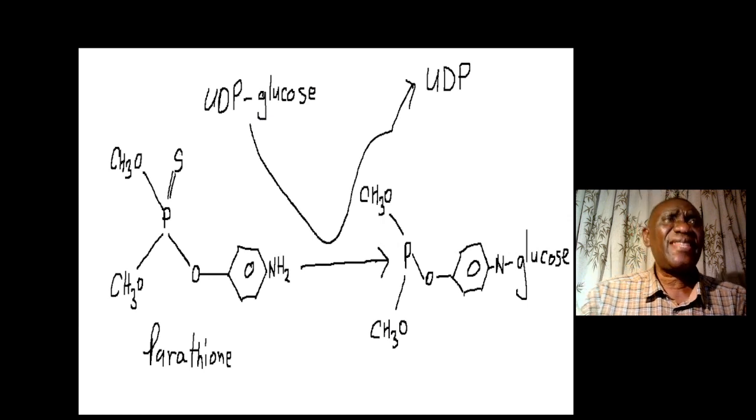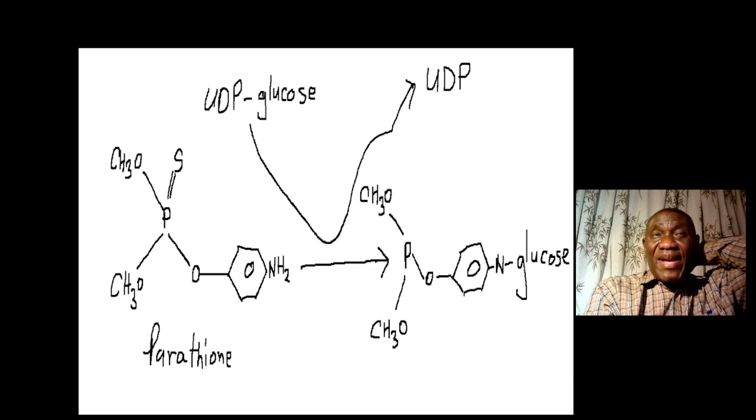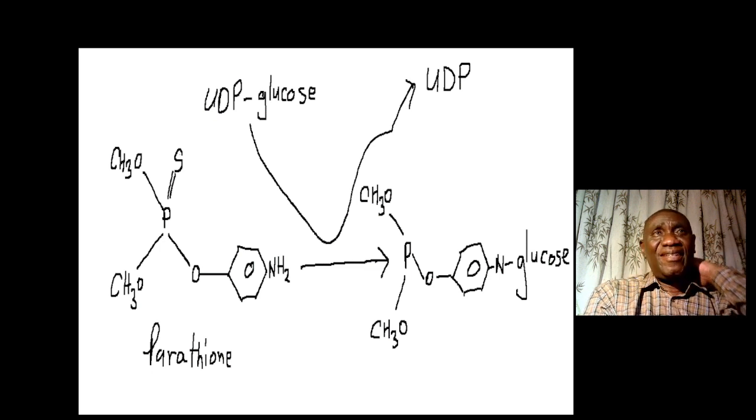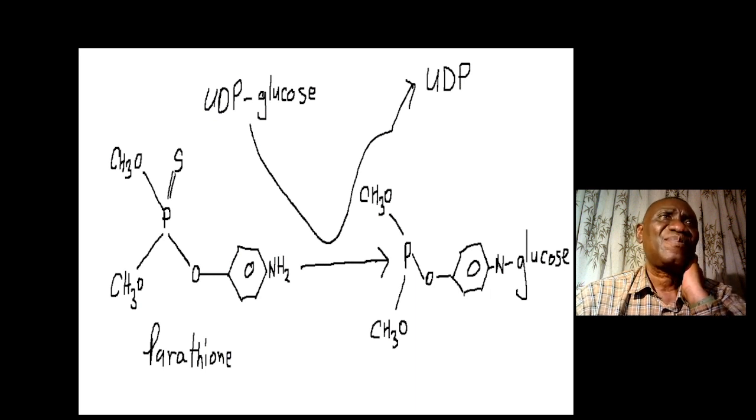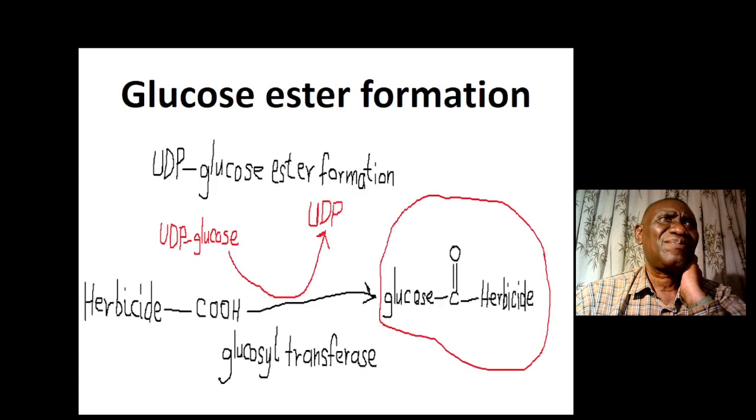We have got the parathion, which can also be detoxified by adding glucose to this pesticide, and UDP is released in the process. If you have got a COOH, you have glucose ester formation.